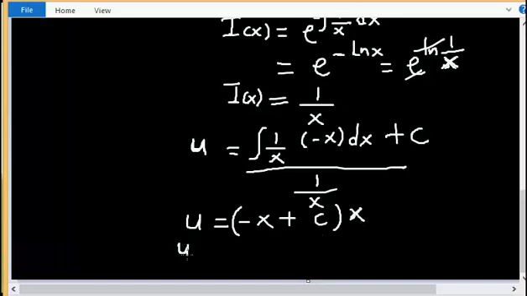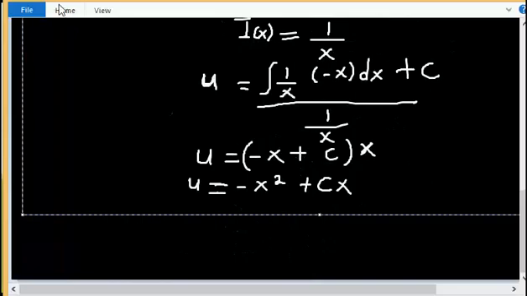So this is going to be u is equal to, open this bracket, x multiplied by minus x, that's going to be minus x squared, and of course plus cx. Okay, I'm very close to the end.